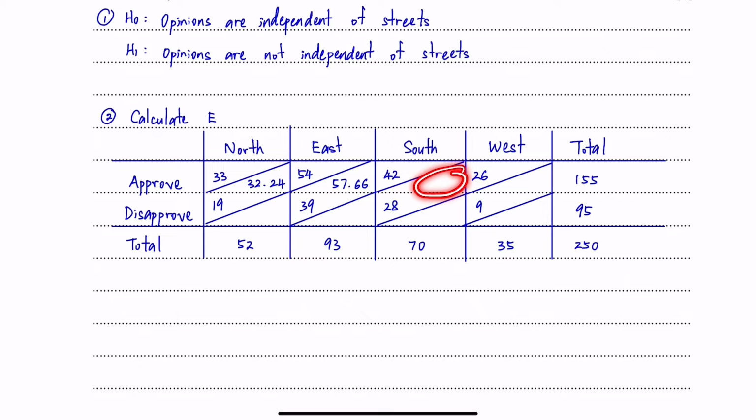So same thing goes to here. 155 times 70 divided by 250, I would get 43.4, 21.7, 19.76, 35.34, 26.6, and 13.3. So these are all our e-values.